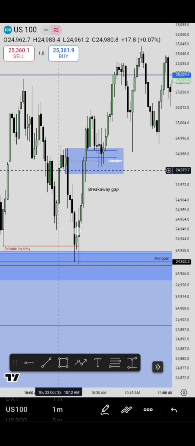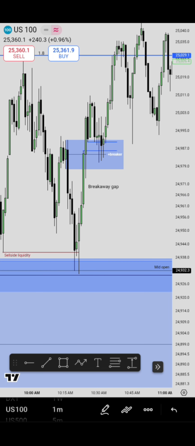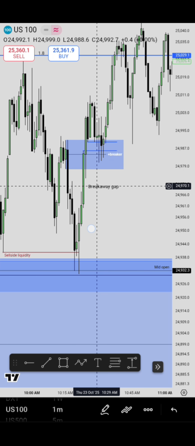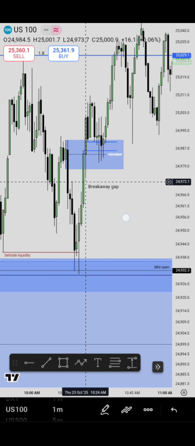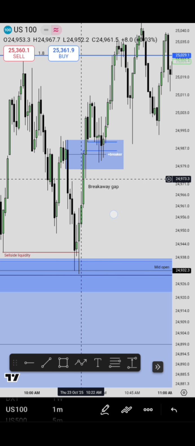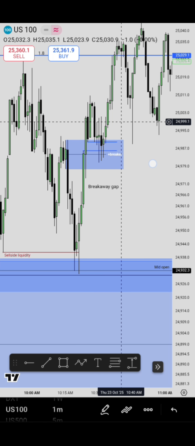I want to see how price goes above it and closes above it with a fair value gap. Immediately that was formed, I was looking at this one to be a breakaway gap, such that I don't want to see price get to it, and even if it wants to, it's only permitted to wick and then reject off of it.